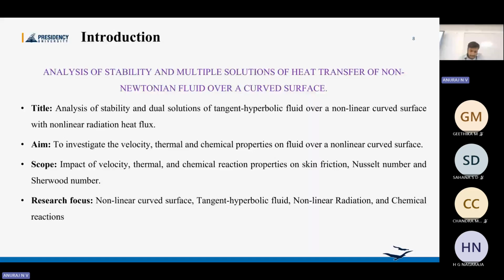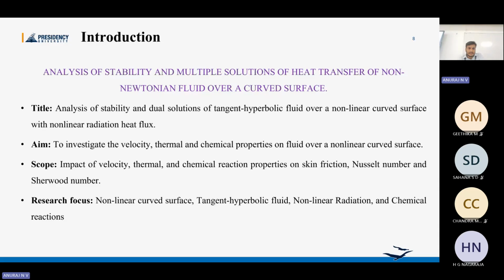Basically, I am getting two kinds of solutions: physically reasonable stable solutions and mathematically unstable solutions. Mainly, I am getting the dual solutions of the velocity profile, temperature profile, and chemical concentration profile of the flow over a nonlinear curved surface.